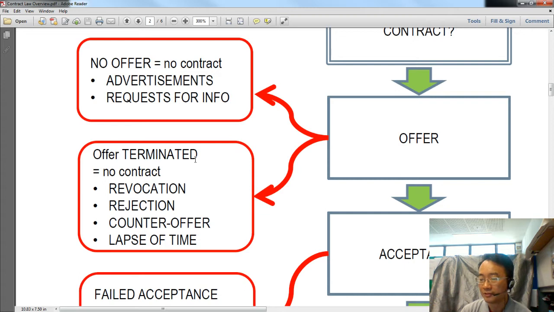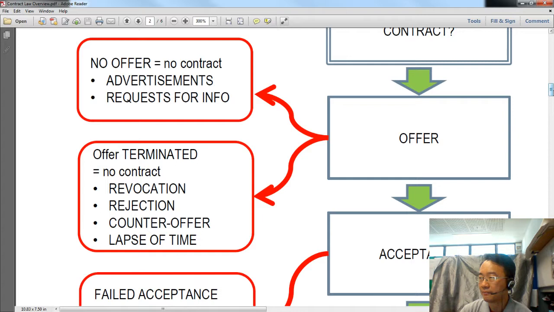Remember, a counter offer is same as rejection of an offer. And the last one is a lapse of time. Sometimes when the offer has carried on for too long, past a reasonable amount of time or a time which is specified, then the offer can also be terminated. In all these cases, if the offer is terminated, then of course you don't need to carry on because there is no contract.